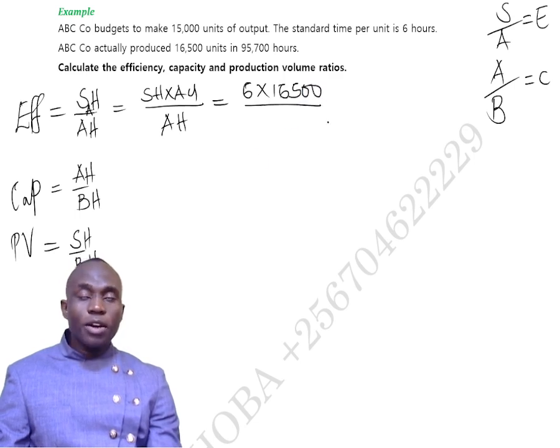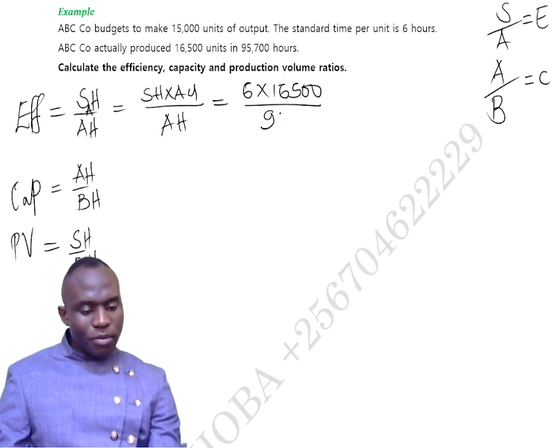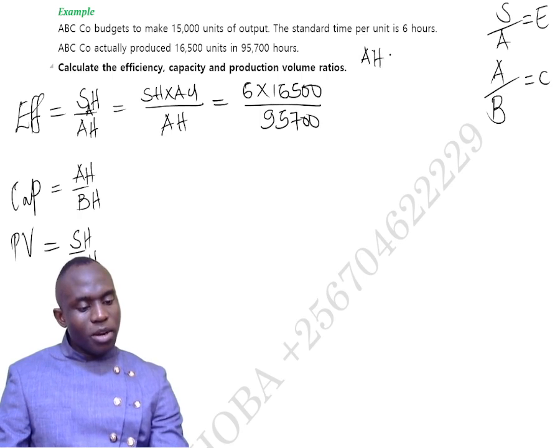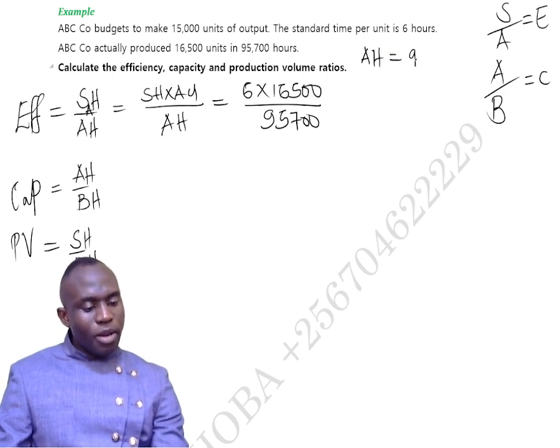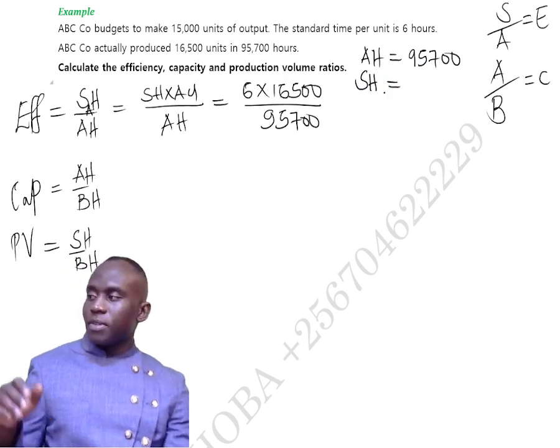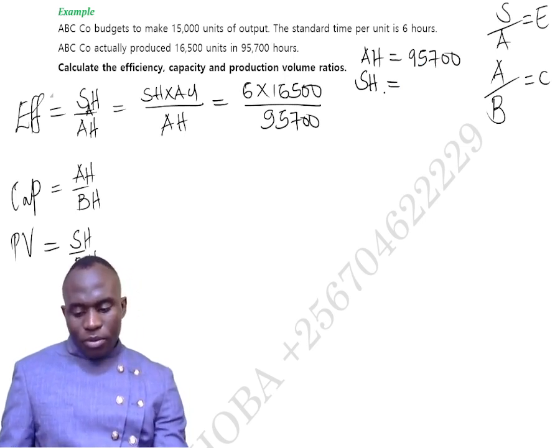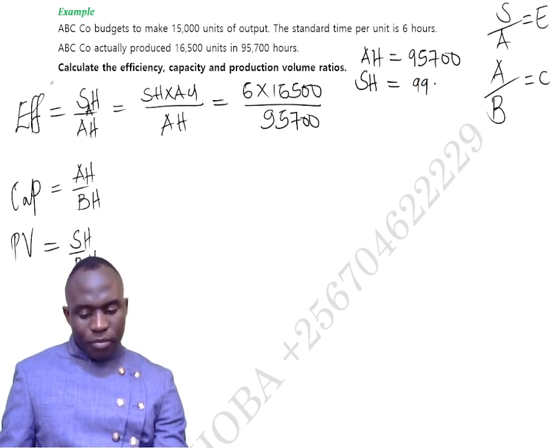So divide by actual hours, which were 9,500. So I'm picking out from the question, actual hours were 9,500. So if you want standard, it is 6 times 16,500. So it should have been 99.